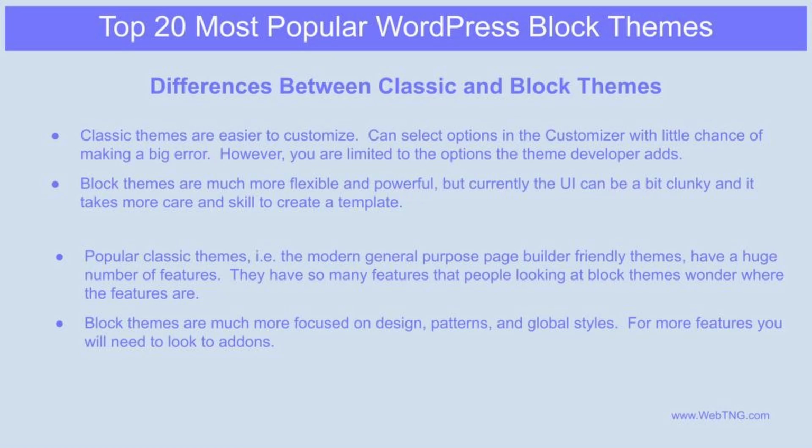What we see though with block themes is that they're focused more on design. Along with this design focus is a little bit of a return to a focus on niches. Something classic themes used to have, but that was replaced by these general purpose page builder themes.